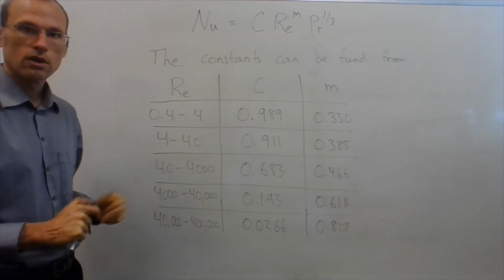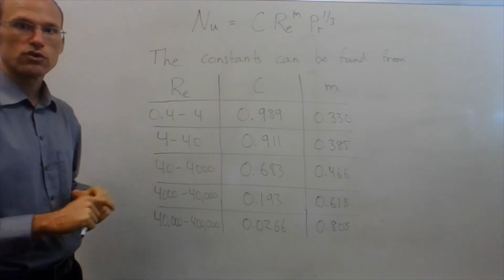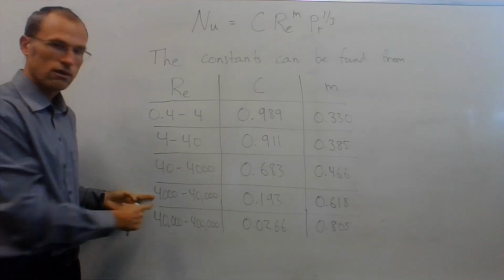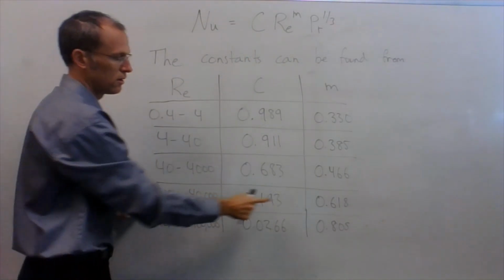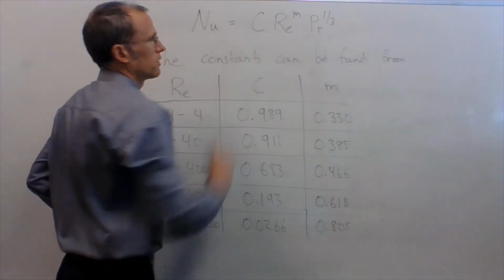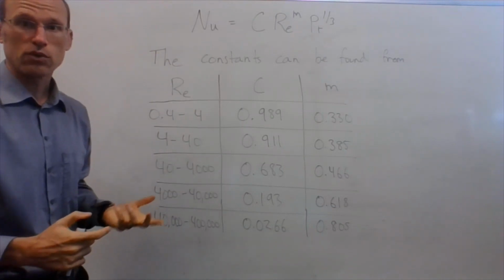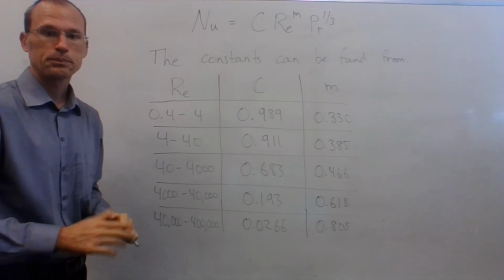Just use the right values for the constants. So if I have a Reynolds number of, say, 10,000, which is between 4,000 and 40,000, I'll use 0.193 as my constant and 0.618 as my exponent of the Reynolds number, and that gives me my Nusselt number. Then just like before, once I have the Nusselt number, I can find h, I can find Q.